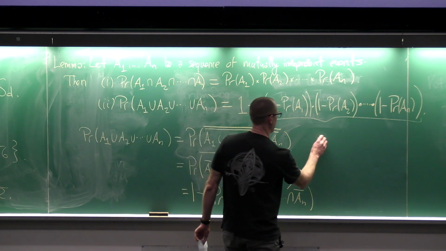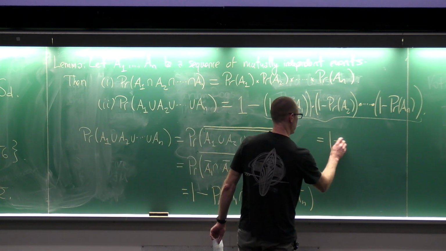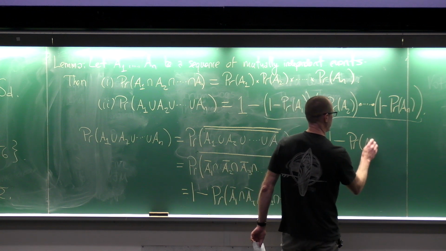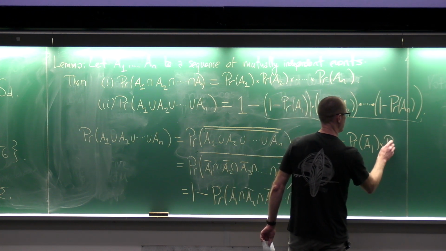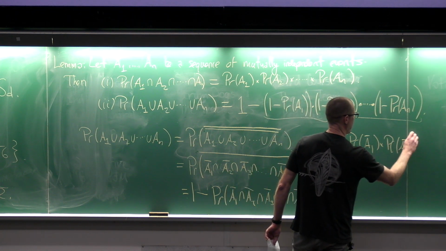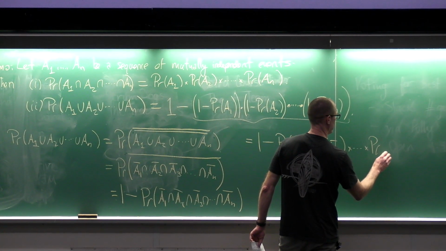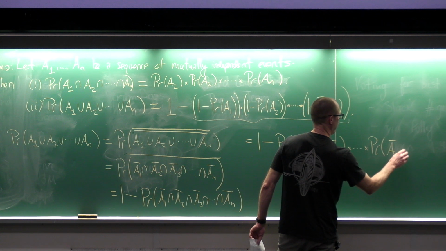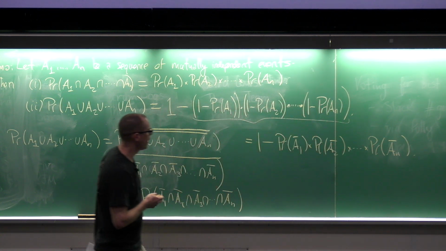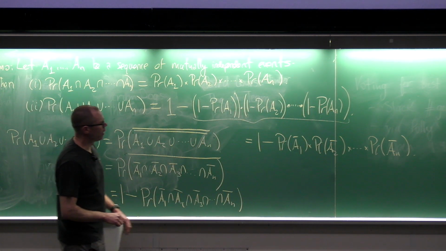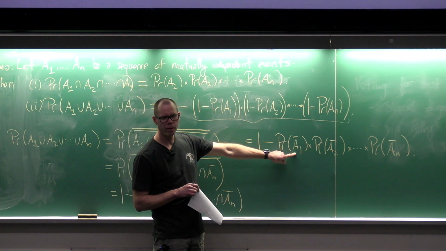So we apply the definition. This is the probability of not A1 times the probability of not A2, and so on, times the probability of not An. And what's the probability of not A1?